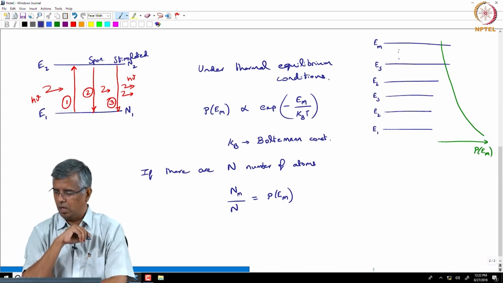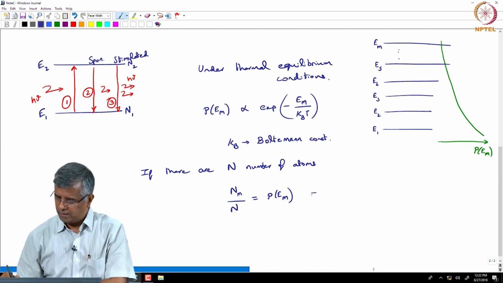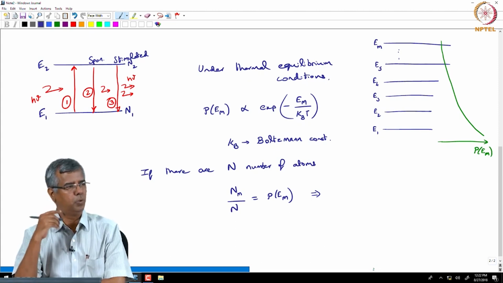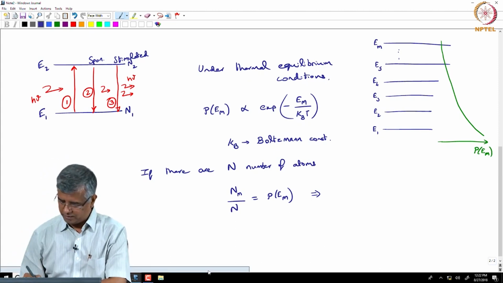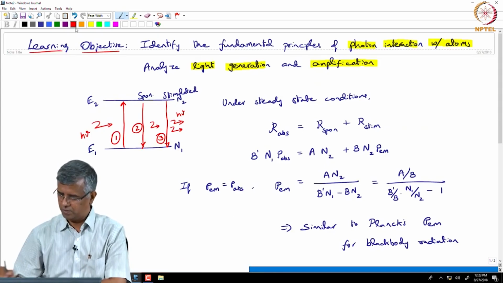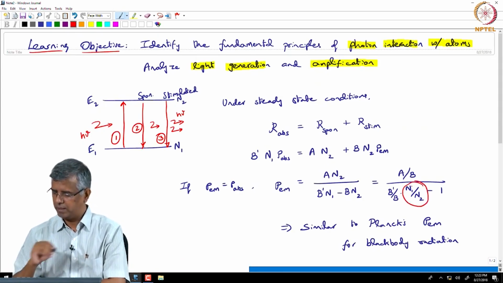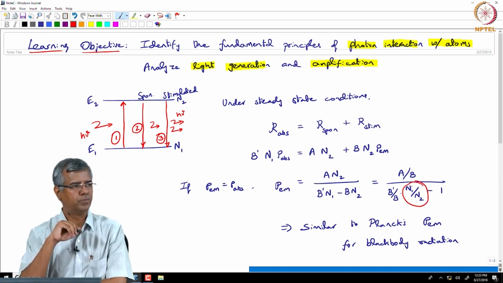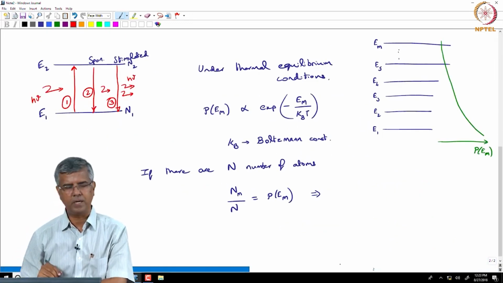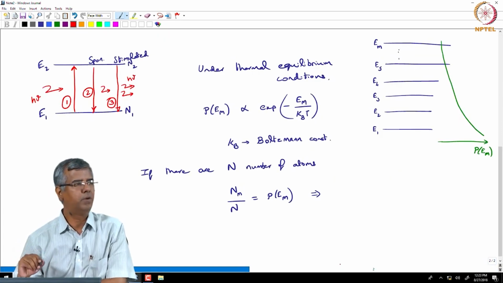And this implies that if you are looking at the relative numbers between two energy levels, why are we interested in that? Because here we have a factor N1 over N2, right. So, we want to see under thermal equilibrium conditions what will be N1 over N2.